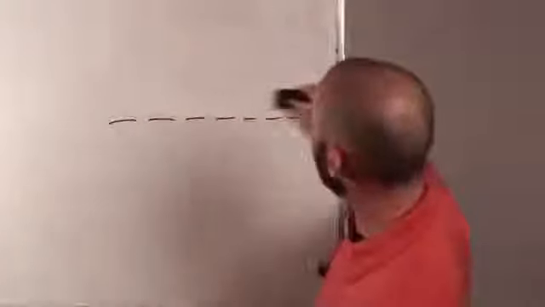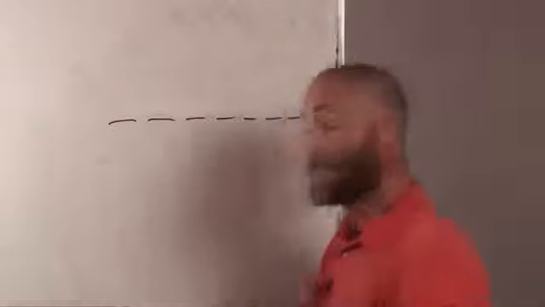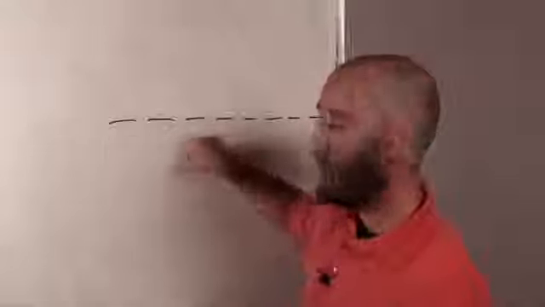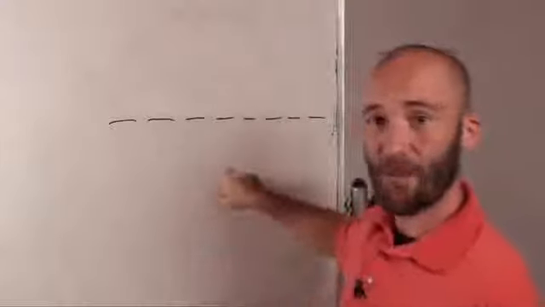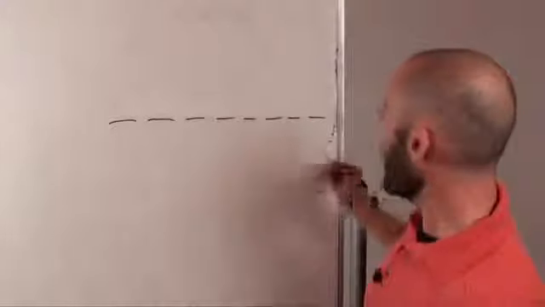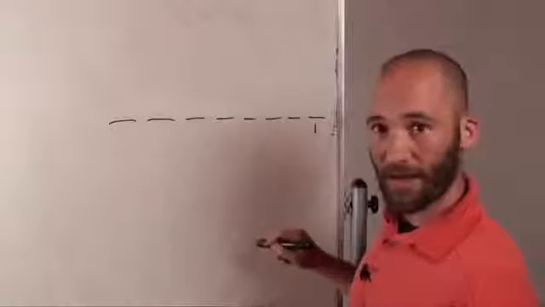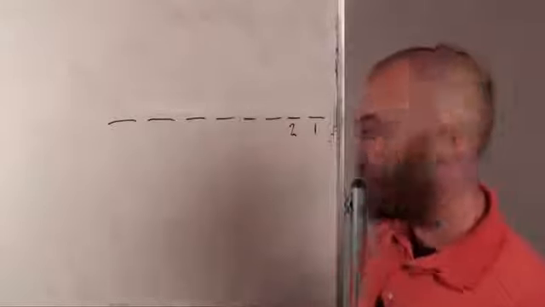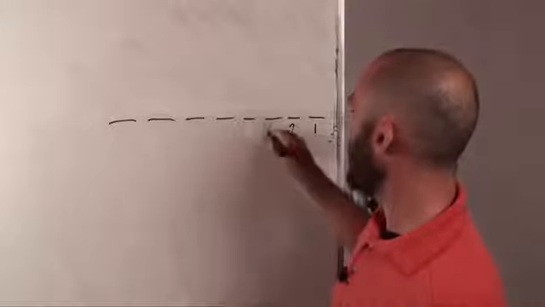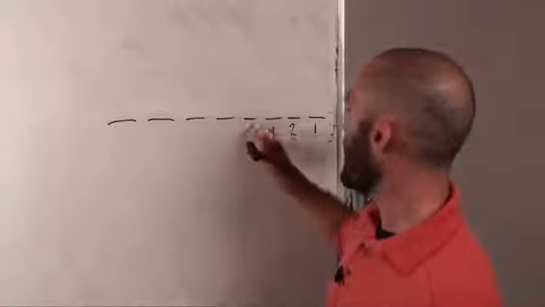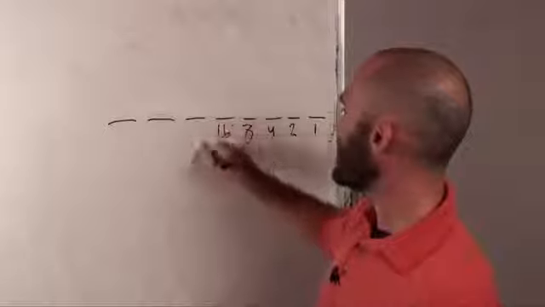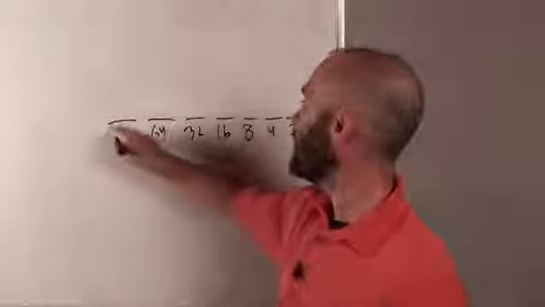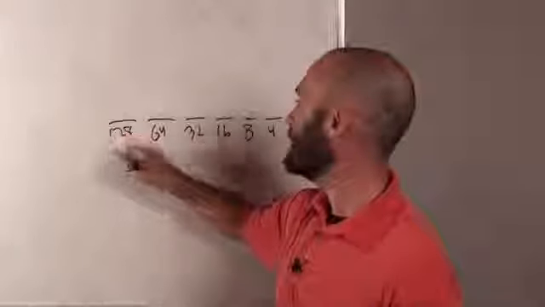Now, how we get to the numbers then is starting on the right-hand side, we give each one of these spaces a number value. So here, this number value is 1. The second one in is 2, and it keeps doubling. So 1, 2, 4, 8, 16, 32, 64, 128.